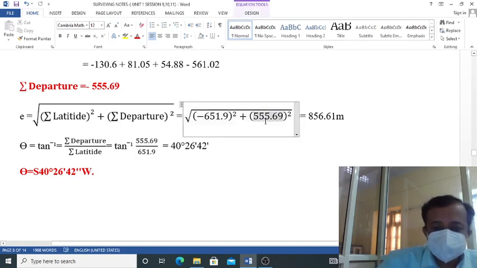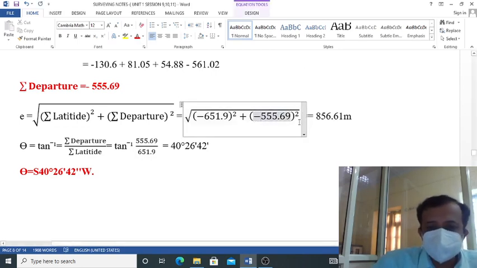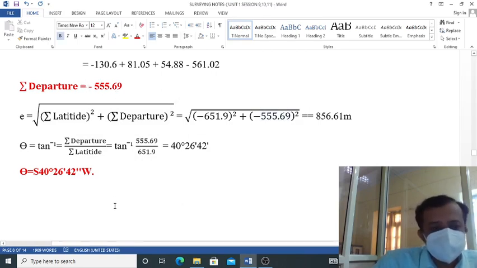So we write it as south 40 degrees 26 minutes 42 seconds towards west. The direction depends on the sign conventions of latitude and departure. This is one of the problems which we have solved.